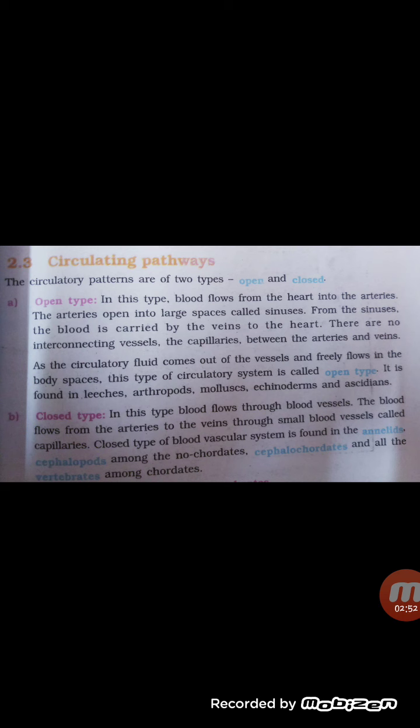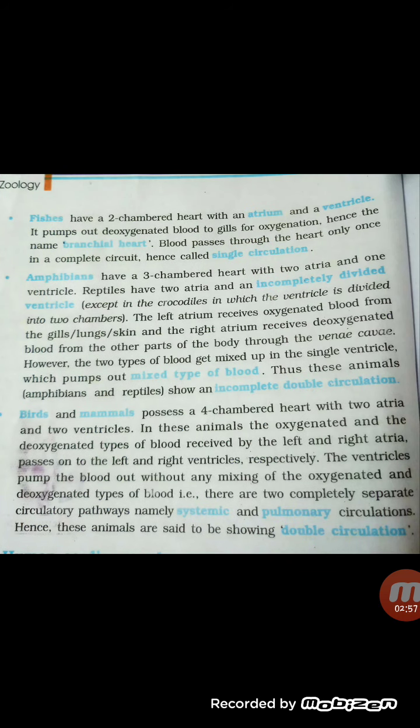Next point: evolutionary pattern of heart in vertebrates. Vertebrates are divided into 5 groups: fishes, amphibians, reptiles, birds and mammals.